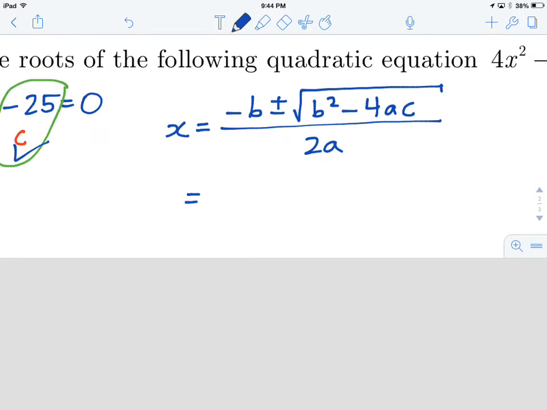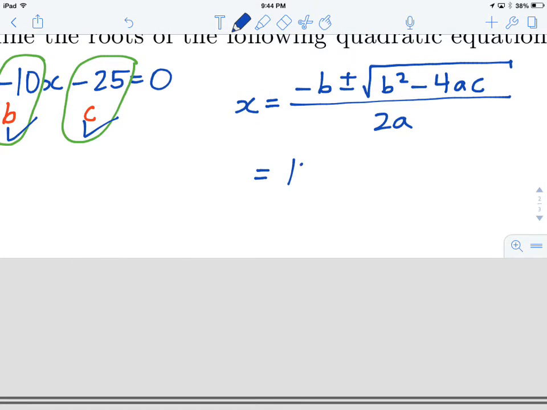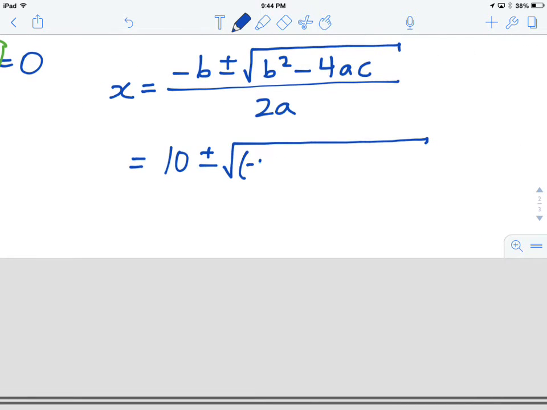All right, so we get negative 10, which ends up being plus 10, plus or minus square root of negative 10 squared minus 4 times a, which is 4, times c, which is negative 25.